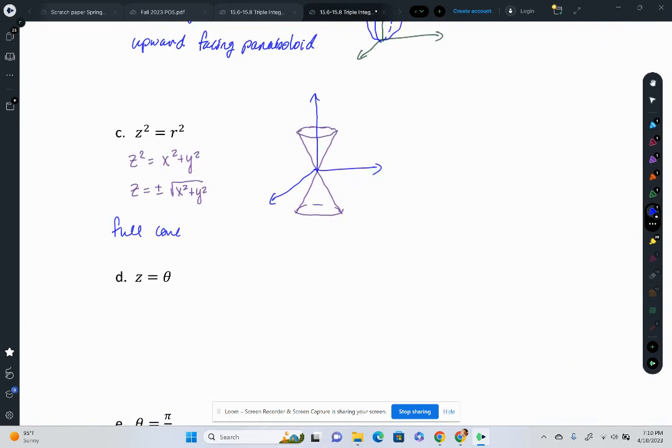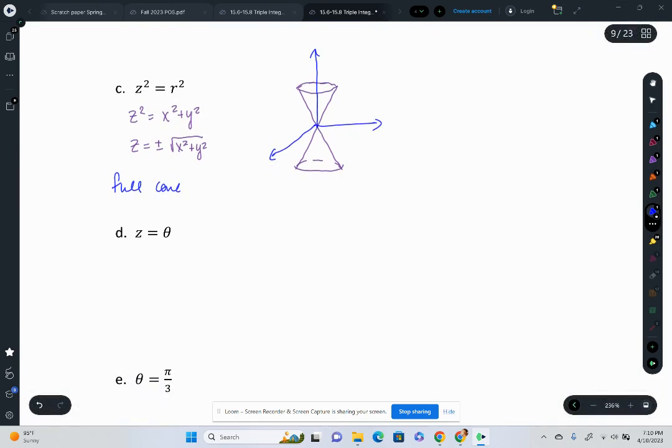All right, z equals theta is interesting. Because r is not involved in the relationship that's written here, this is independent of r, and that means that r goes from 0 to infinity. But so that we can get a picture of this, we're going to imagine r being between 0 and 1, but we have to remember that r is simply greater than or equal to 0.